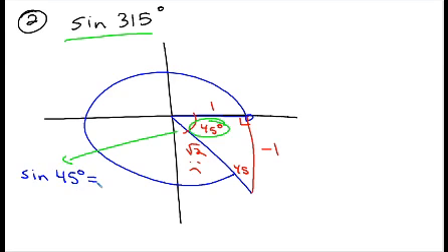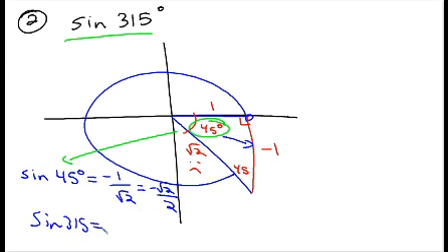Well, sine is opposite over hypotenuse, so that's going to be negative 1 over the square root of 2. When we rationalize that, of course, it's negative radical 2 over 2. So I can say that the sine of 315 is negative radical 2 over 2. All right?